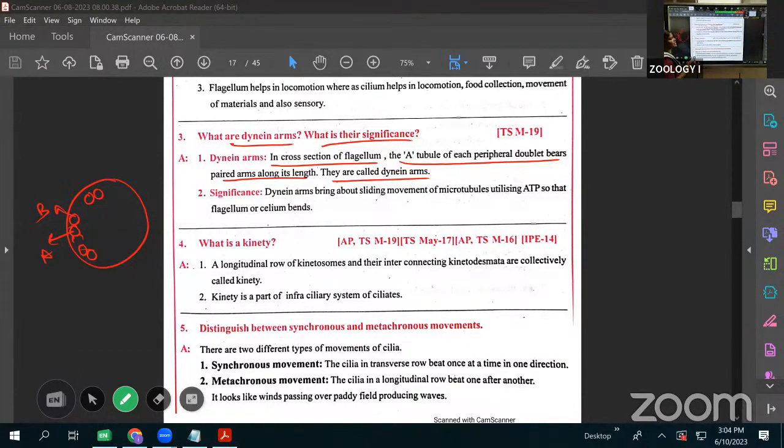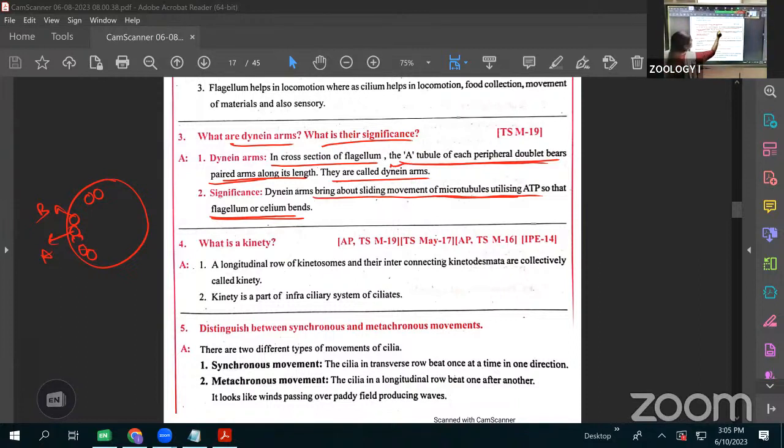What is the significance of the dynein arms? They bring about the sliding movement of the microtubules, utilizing ATP, and they help the cilium and flagellum bend. In the cross section of the flagellum, on the A tubule of each peripheral doublet, the paired arms are present along its length.